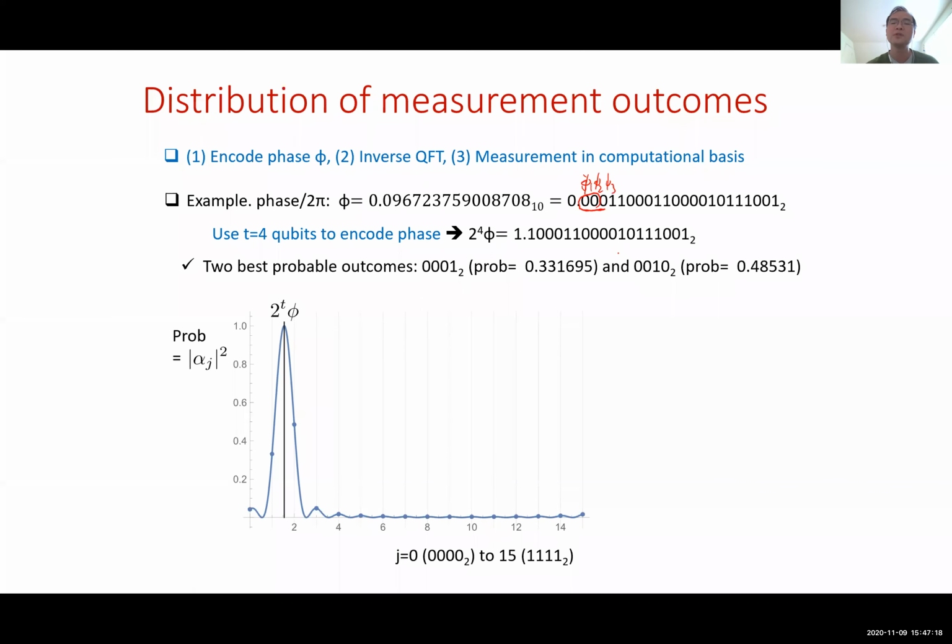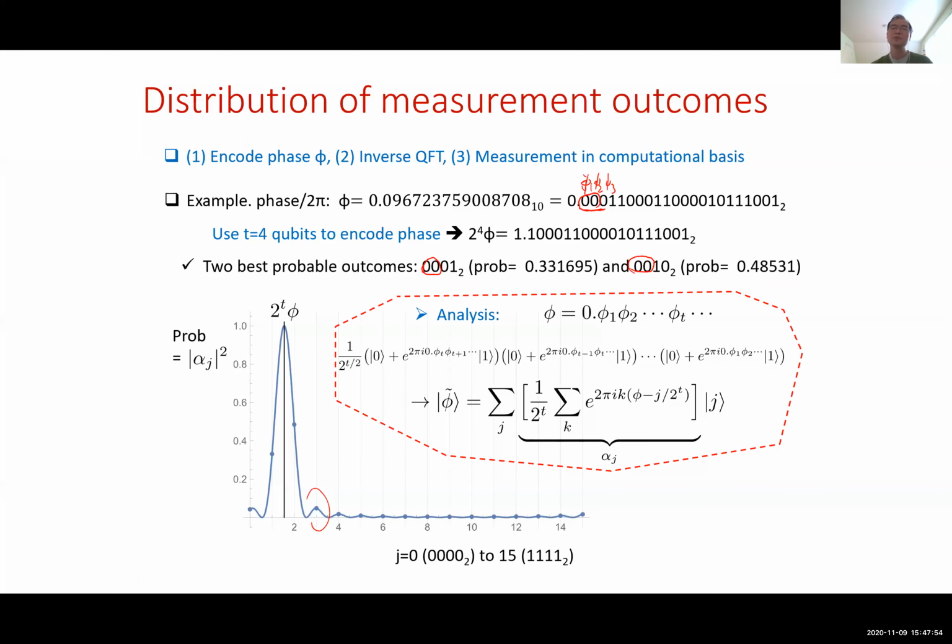The first two, in terms of the 4 bits, these two are accurate, okay? But there might be other places where you would have error even in the second bit. So you see that if phi is not exactly represented in terms of t bits, then there will be error. Okay, but these errors are not huge. Okay.